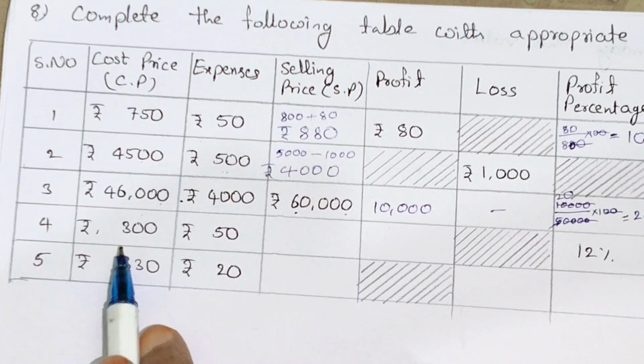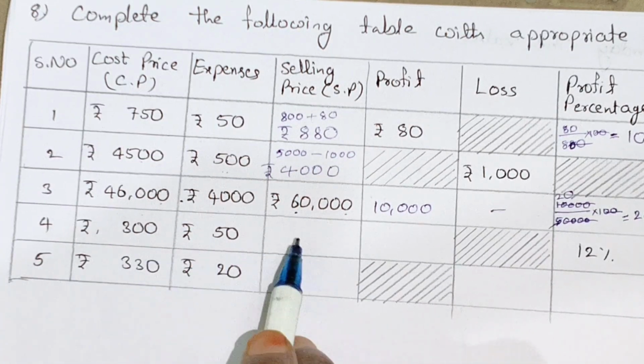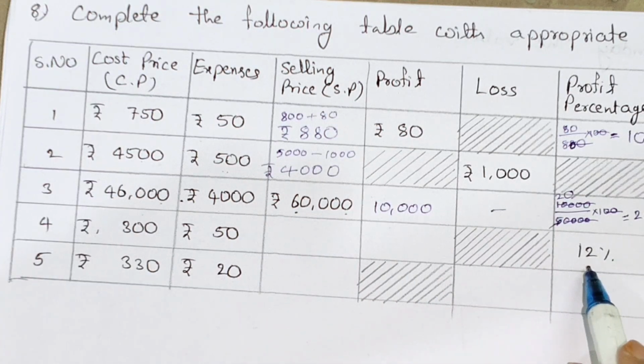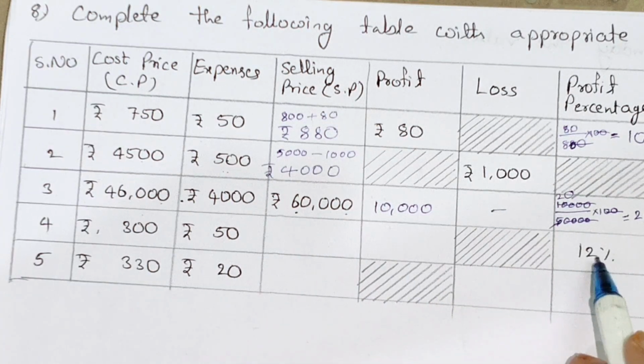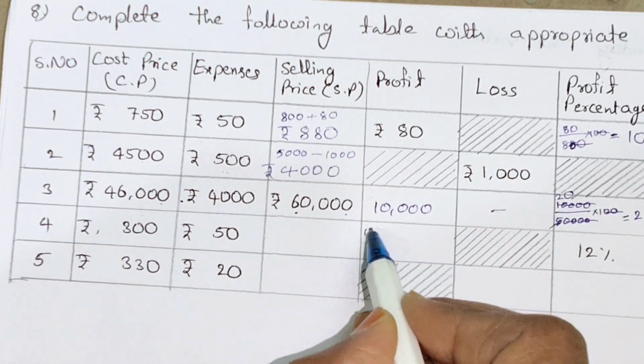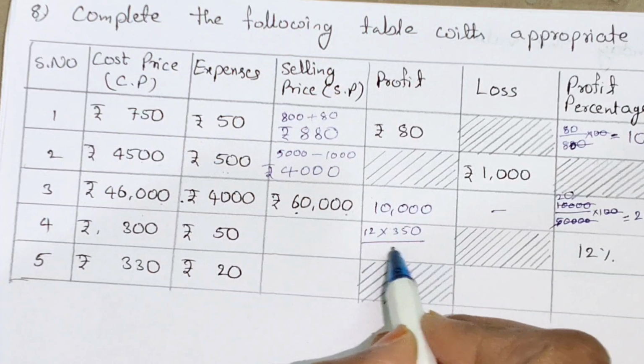Fourth one: cost price is 300, expense is 50 rupees, total 350. So we find the selling price and profit. The profit percentage is given as 12 percent. So using this percentage, profit equals 12 percent into cost price 350 by 100.